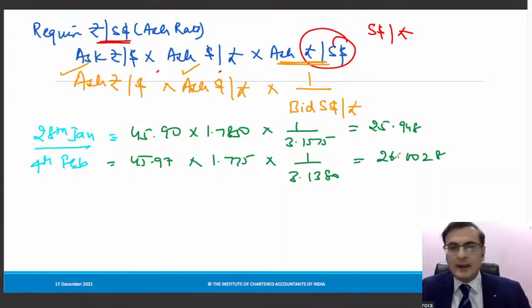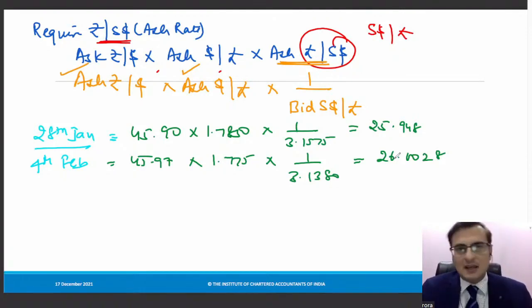Now we have to calculate what was the gain or loss. Can somebody tell me? Is it a loss for the importer, or is it a profit for the importer? On 28th January, when he went, the transaction could take place. He's buying, the bank is selling. He could buy at 25.948.